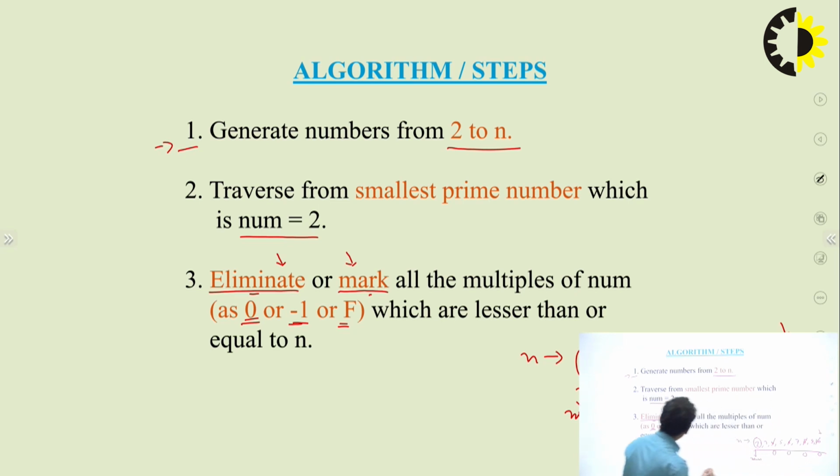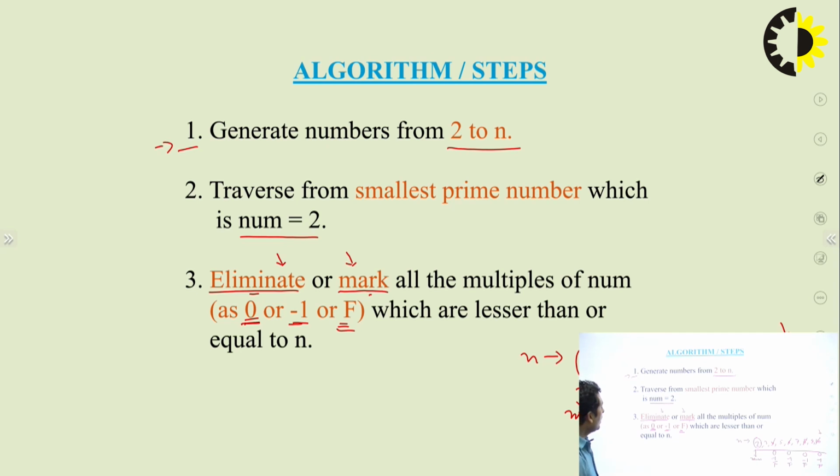If we choose -1 as the mark value, then we use -1 here. If we choose f as the mark value, we use f, f, f, f here. So we can take any approach to mark the numbers.